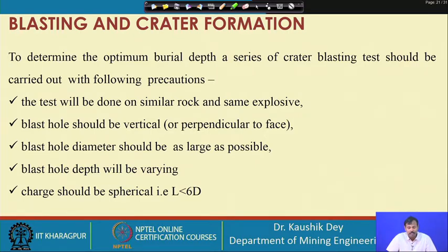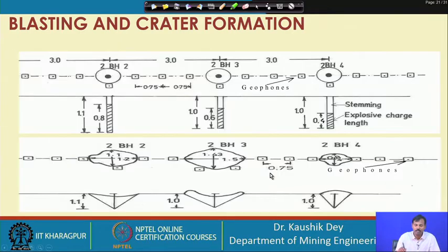In another way we can carry out this experimentation like this: we can keep the depth of burial the same, but we can change the charge quantity. That will also give us a similar effect.